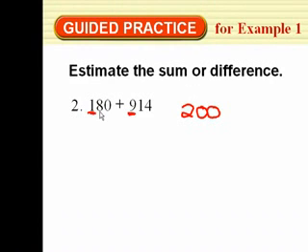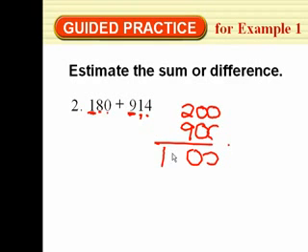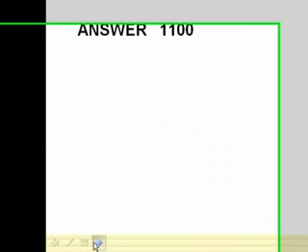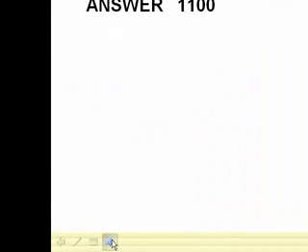Remember, you round and then all these numbers below it go to 0. The 9, we look next door, not enough to go up, so we round down to 900. And I get 0, 0, and 11. So 1,100. Let's see if they agree with us here. We've got the answers in here. 1,100. Good job.